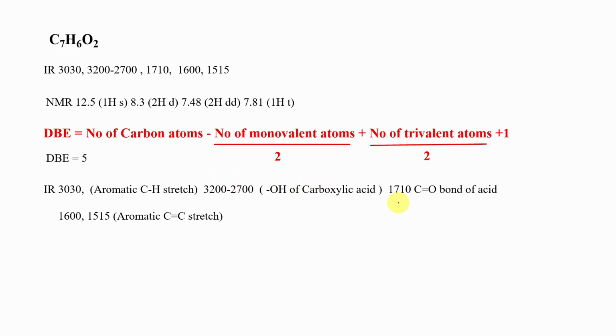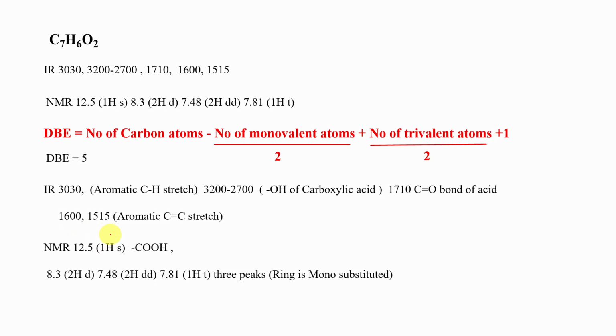Then 1710 indicates the carbonyl group of an acid. 1600 and 1515 cm⁻¹ are of the carbon-carbon double bond stretch of the aromatic ring.